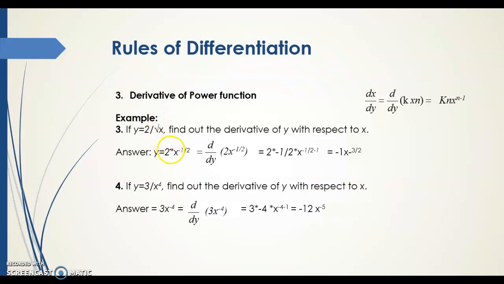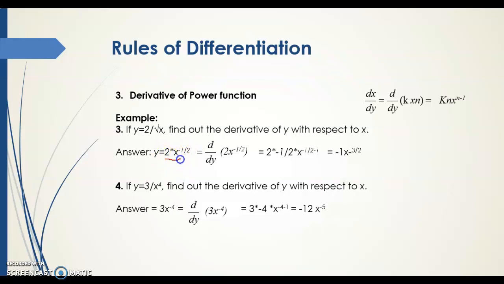So when we multiply this, the power will become negative. You have to remember that whenever the power is in the denominator, when you bring it up, the power becomes negative. So 2 divided by x raised to power 1 by 2 becomes 2 multiplied by x raised to power minus 1 by 2.